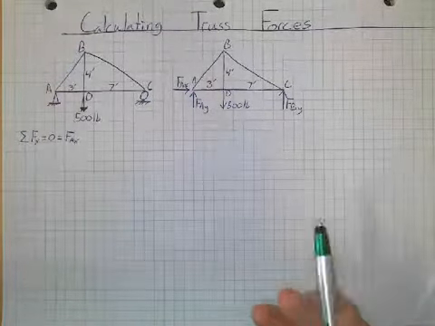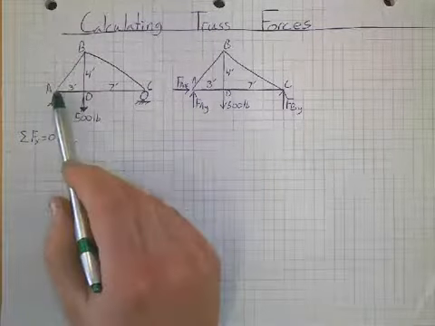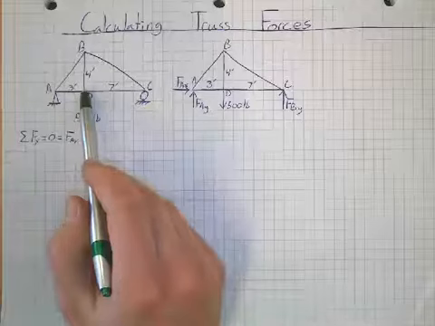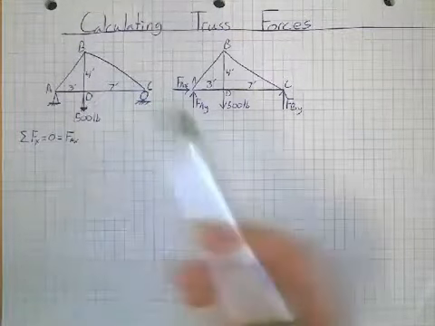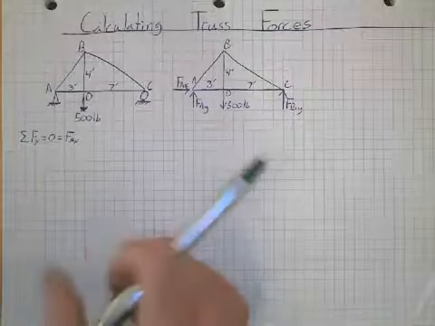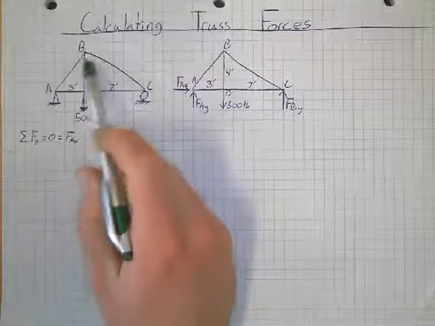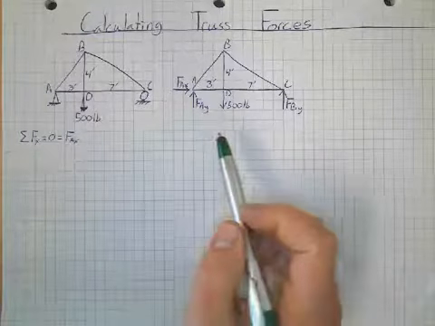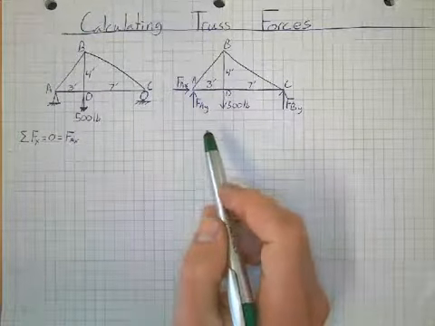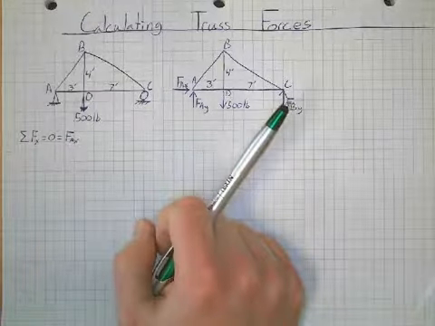It's pretty straightforward, but then we find that there are beams connecting each of these points, and at each point, using what's called the method of joints, we can calculate the reaction forces inside of this truss. When we do that, we determine whether these forces are acting in compression or in tension.